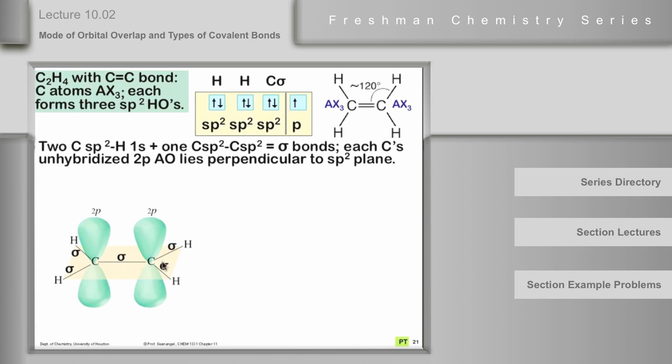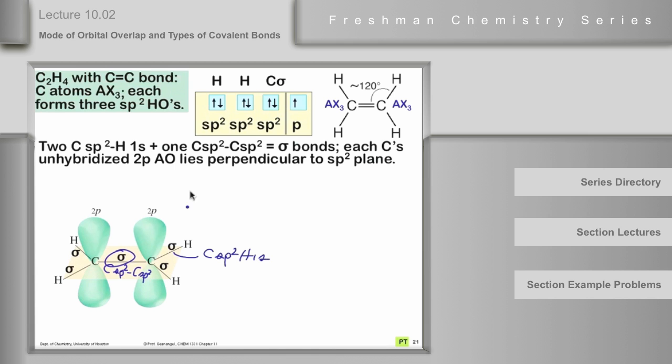There are 5 of them, and I've written them in here for you. 5 sigma bonds. This one is carbon sp2 to carbon sp2. So let me just write that in. Carbon sp2 to carbon sp2. And as you can see, that's a sigma bond. And each one of the CH bonds is carbon sp2 to hydrogen 1s.